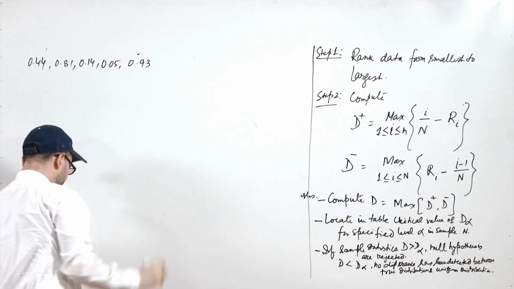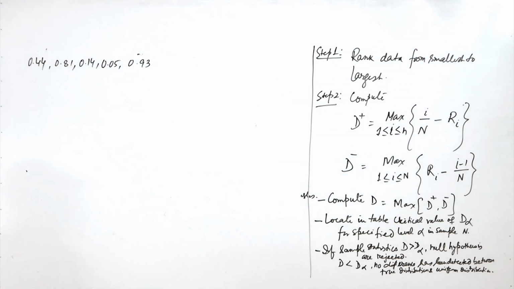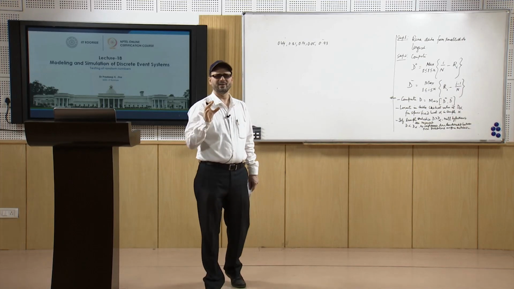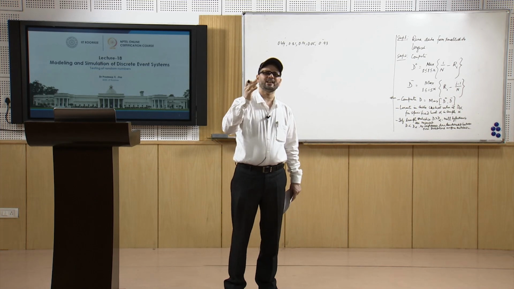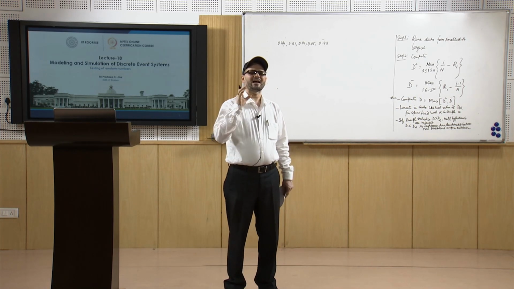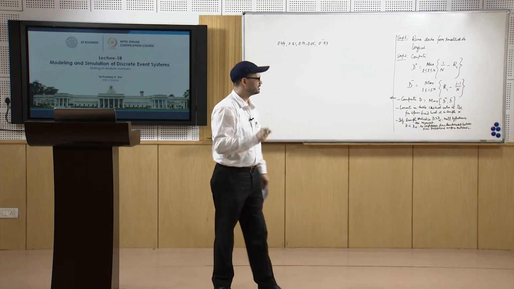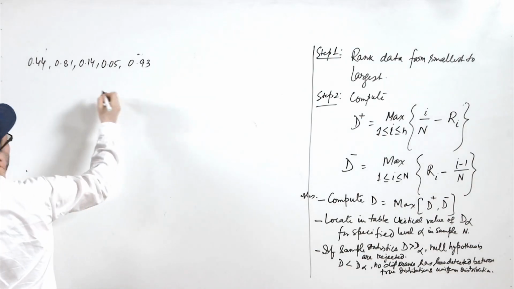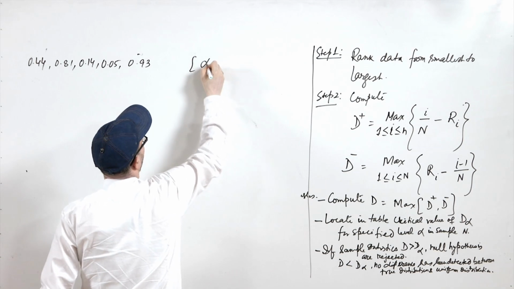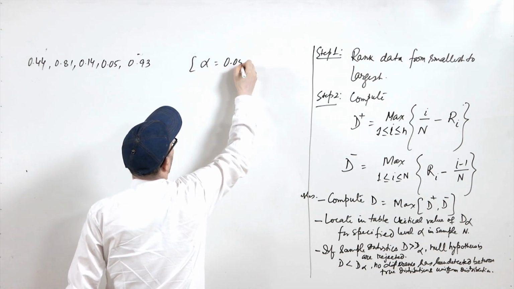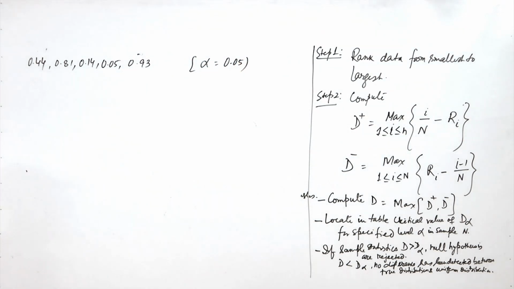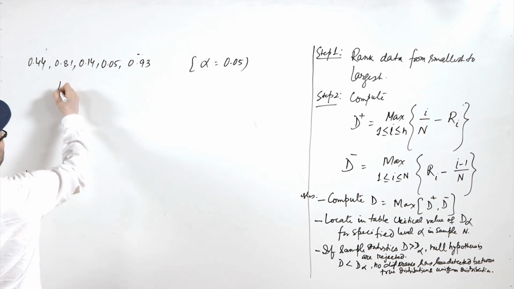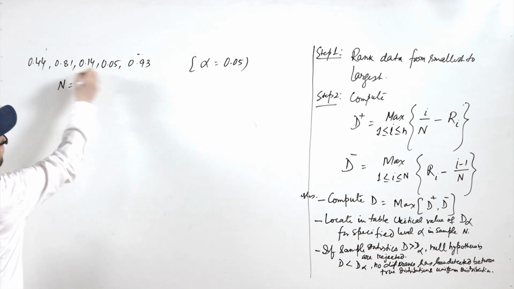You are told to ensure whether they are uniformly distributed, and you are also given the alpha value as 0.05. So, n is 5, you have 5 data.